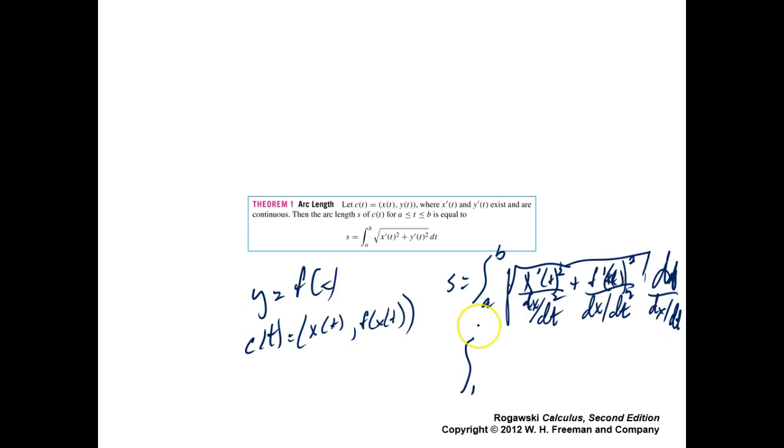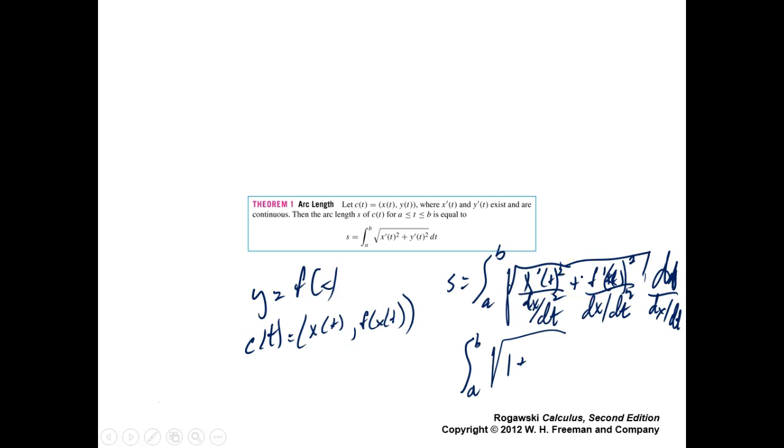And then you have to change your variables here. We'll get to do that a little bit later. I'll leave it a, b for now. You may have to work with that. This would be 1 squared, because this is dx/dt, plus, and then this one becomes your y up here.